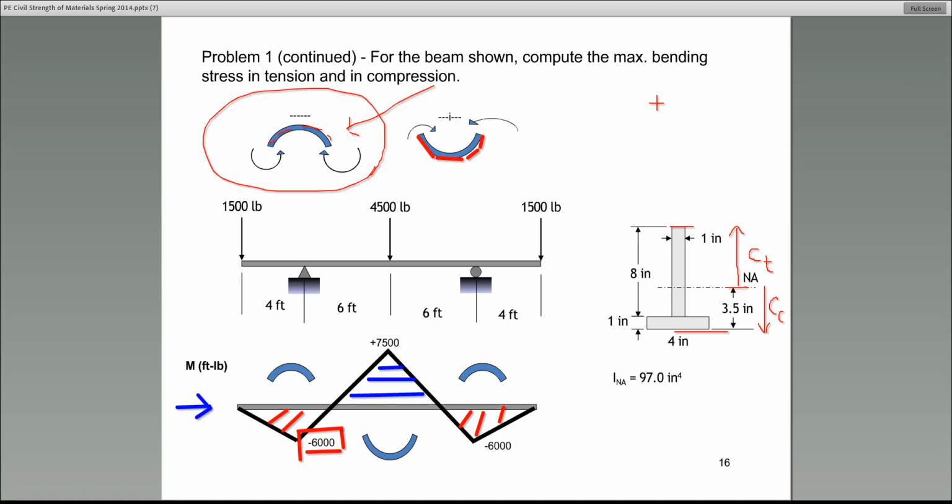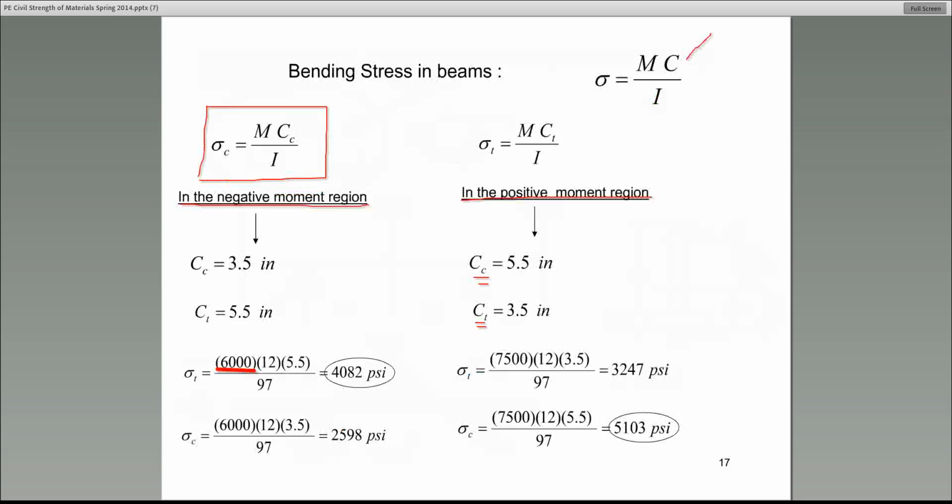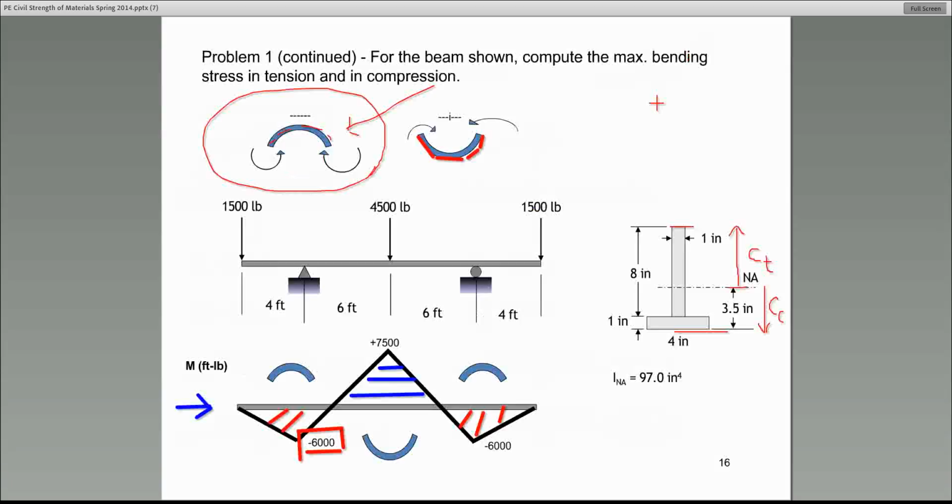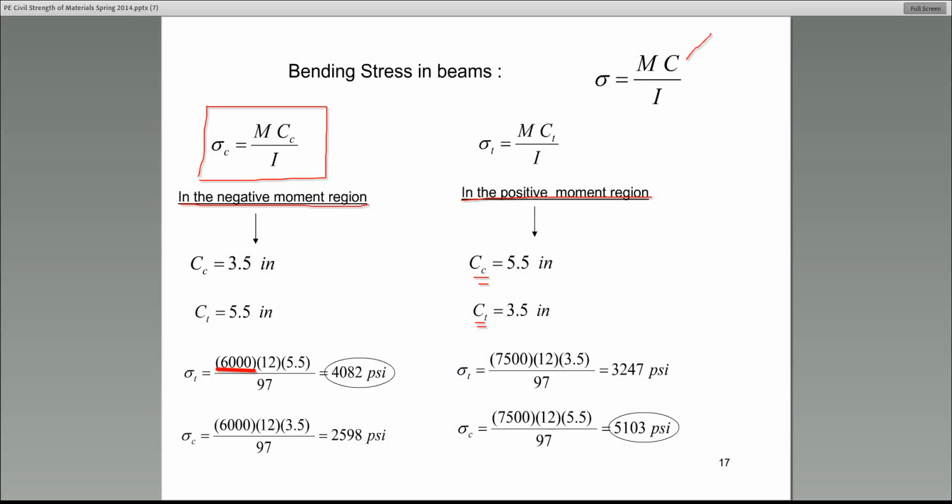Remember, absolute value is what you go by. All right? Okay. So everybody knows where the 6,000 came from. Then, what's the unit of the 6,000? If you look at the units, it's foot-pounds. M is foot-pounds.